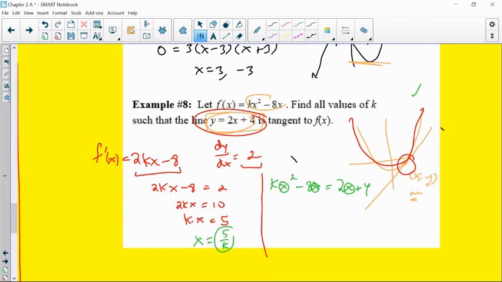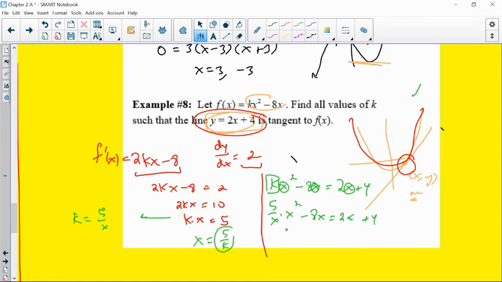If I solve for k first, and k is equal to 5 over x, and I put that in just in this one spot, even though I'm solving for x, it might be easier and more efficient to do that and then go back. I think I'll try that. So I'm going to let this k equal 5 over x, but then there's already an x squared, minus 8x equals 2x plus 4.